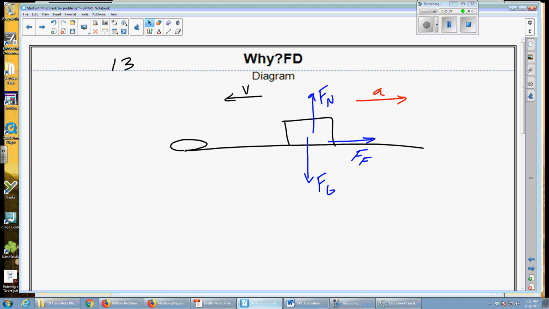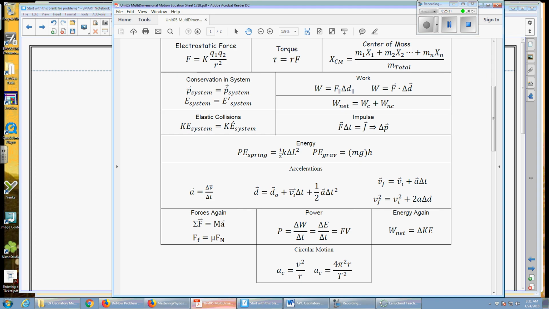So on my equation sheet, I'm going to look in accelerations. But what I'm going to really look at is under forces again, because I have my Newton's second law and also my frictional force equation.